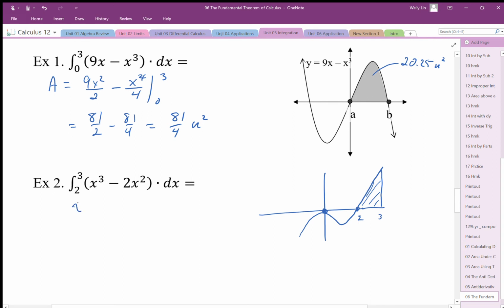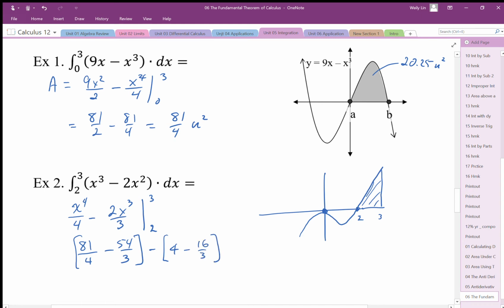So again, the antiderivative, and then we calculate the displacement from 2 to 3. Plugging in, I get 81 over 4 minus 54 over 3, minus 16 over 4, which is 4, and 16 over 3.